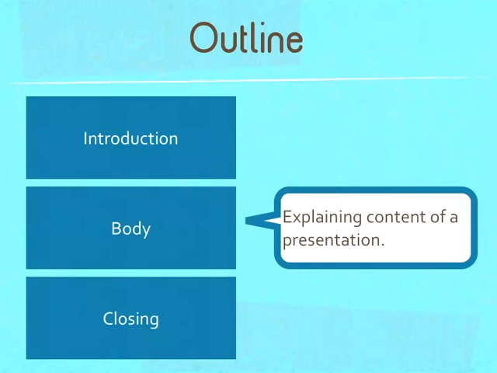And then in the body, you explain the content of your presentation. If your presentation is divided into 3 parts, then you can spend 5 or 6 minutes in the body. That's where you have to put much time in explaining all the details, all the arguments, all the reasons of your presentation.